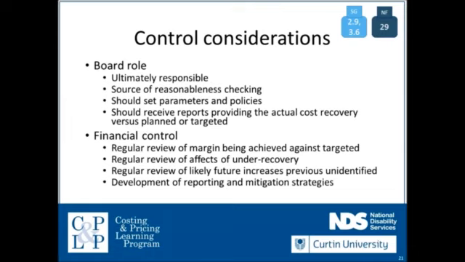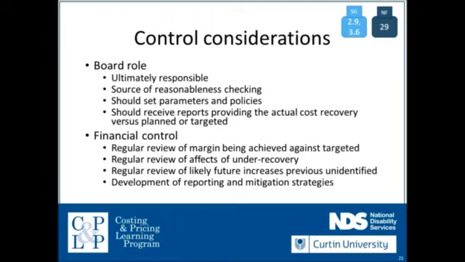This might mean that the board needs to have a look at things like your actual activity levels for each type of activity against your expected activity levels, and also have a look at the timing of those activities, because of course you need to make sure that all of those activities are undertaken within a time frame that allows you to recover the costs incurred in delivering those activities.